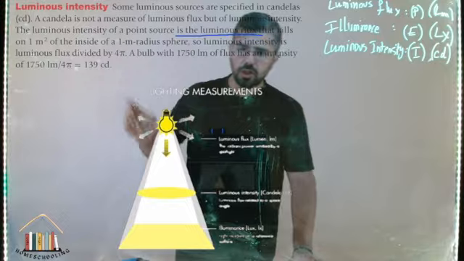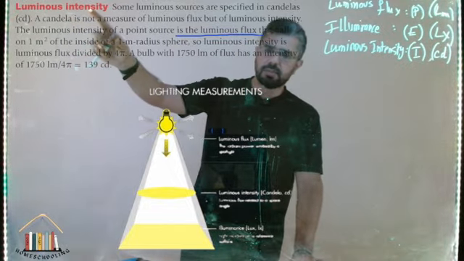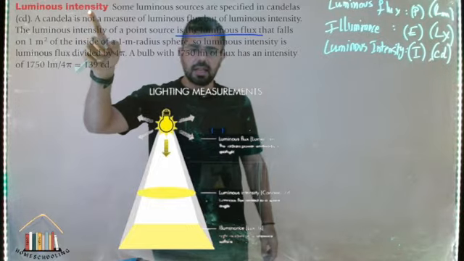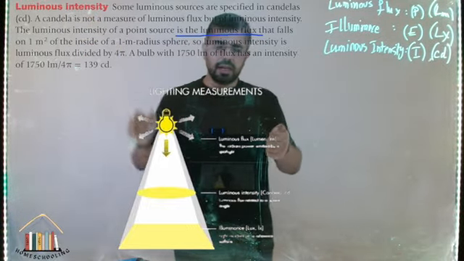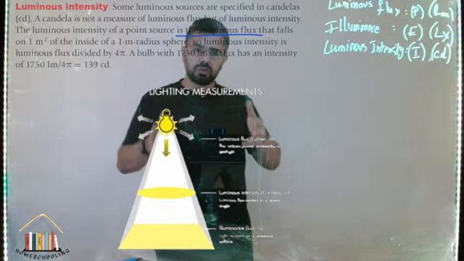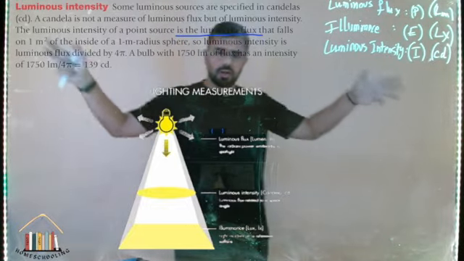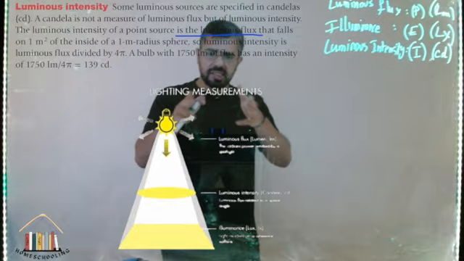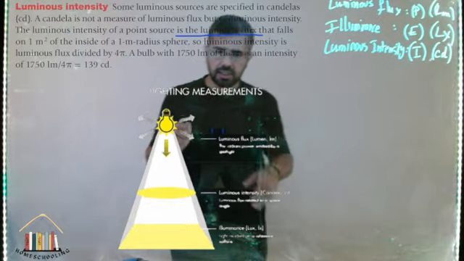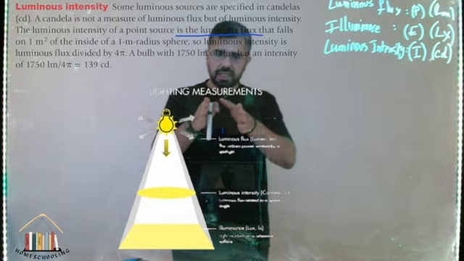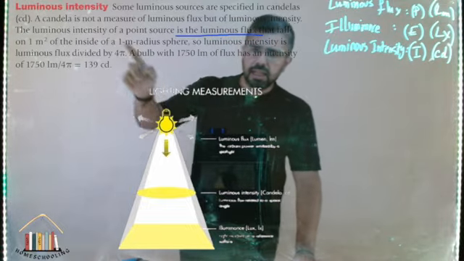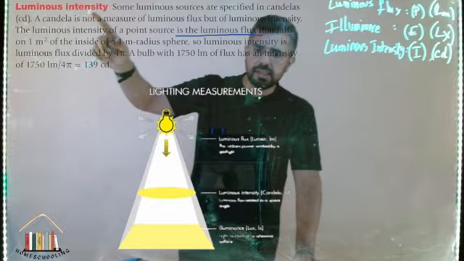That's why we have to talk about luminous intensity, because in a real application in life, when I turn on a flashlight, I don't want the flashlight to go everywhere in the room. I want it to go in a straight line, into a specific direction. So when talking about a specific area or a specific direction, then we have to talk about luminous intensity.